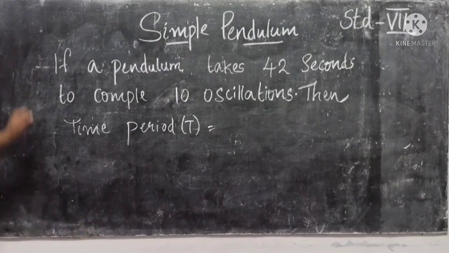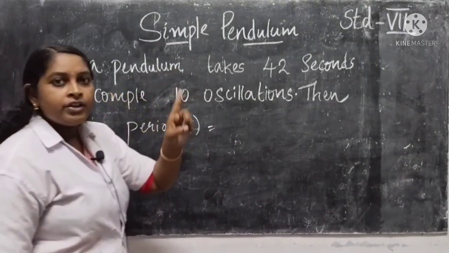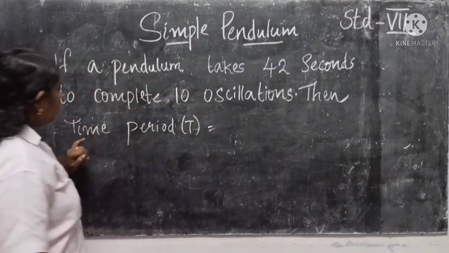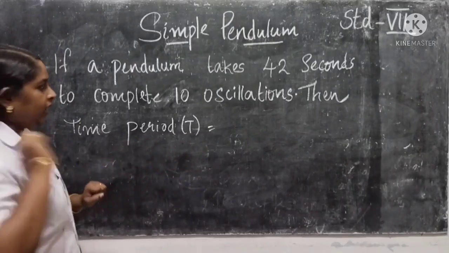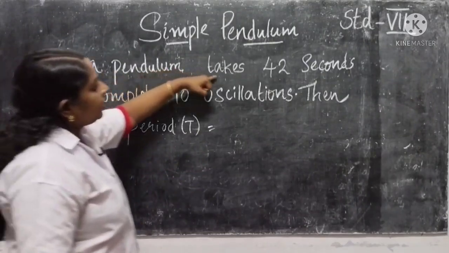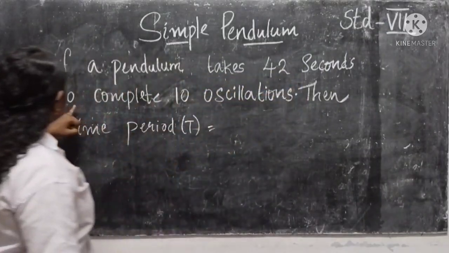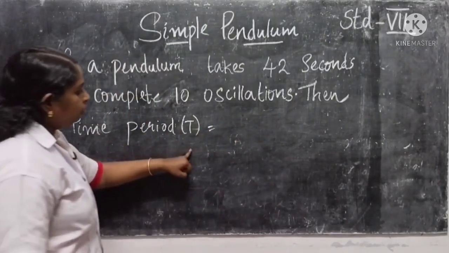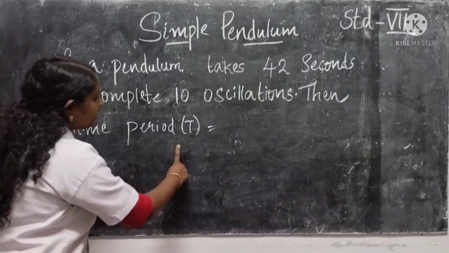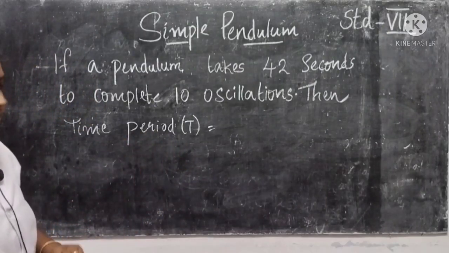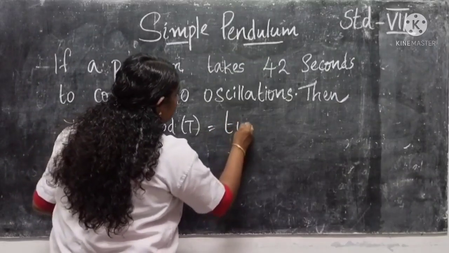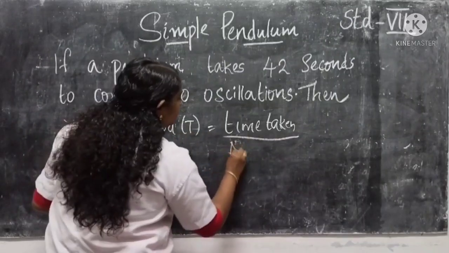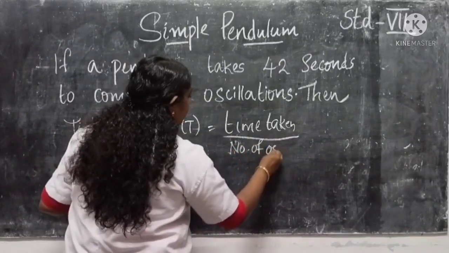Consider an example. If a pendulum takes 42 seconds to complete 10 oscillations, then the time period, denoted by the capital letter T, is equal to time taken divided by number of oscillations.